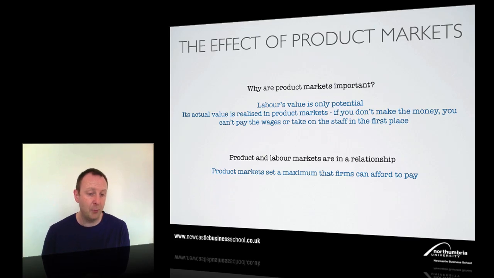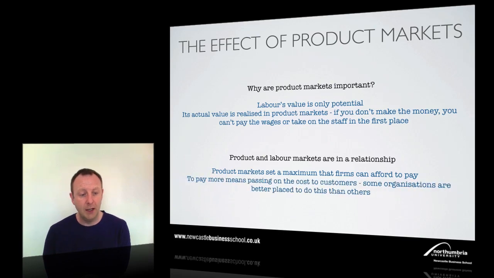How successful they are in product markets predetermines the way in which they can operate within labour markets. Because one way or another, spending money in labour markets requires organisations to pass on the cost of that activity to their customers in product markets.